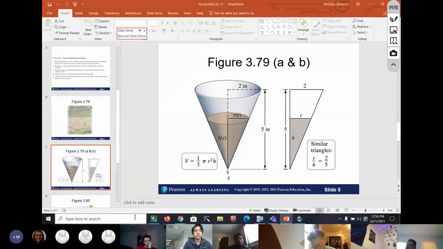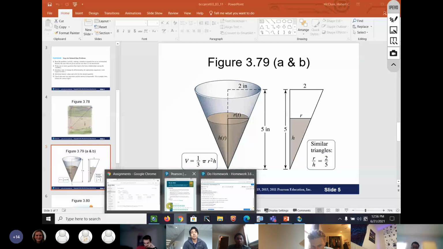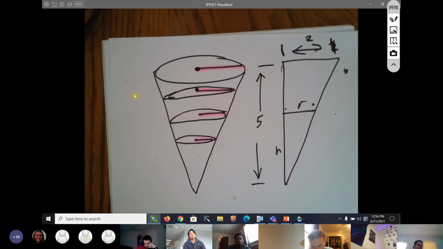And R and H. Okay, when you look at a conical tank, the first thing you should think about when you go into second semester calculus is that guy right there.